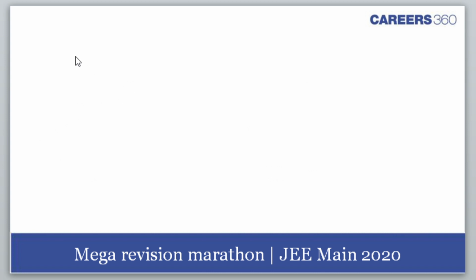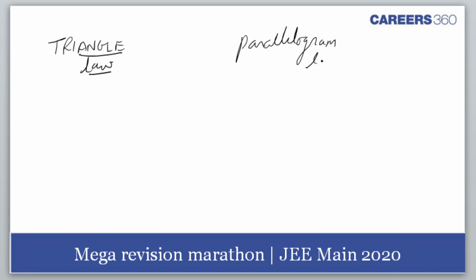So when we talk about triangle law of addition, we add two vectors from head to tail. So we have first the triangle law of addition, and the second one is the parallelogram law. Although basically they lead you to the same result, what is the difference between them?